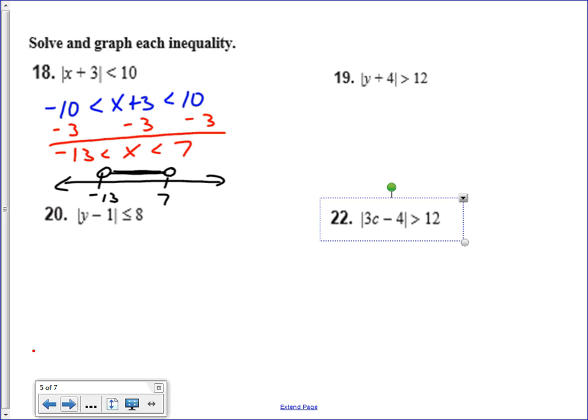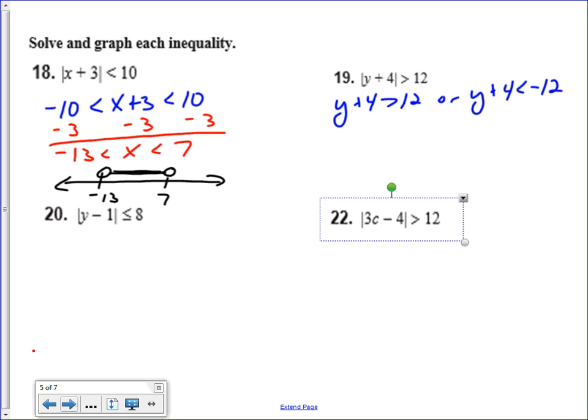Okay, on the next one, we have the absolute value of y plus 4 is greater than 12, greater than. I know I'm going to have an or statement. So I'm going to have y plus 4 is greater than 12, or y plus 4 is less than negative 12. And then we simply have to solve both of those inequalities.